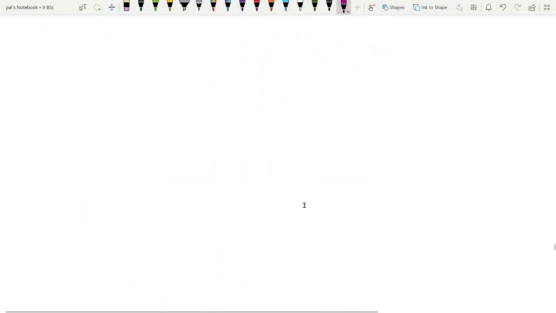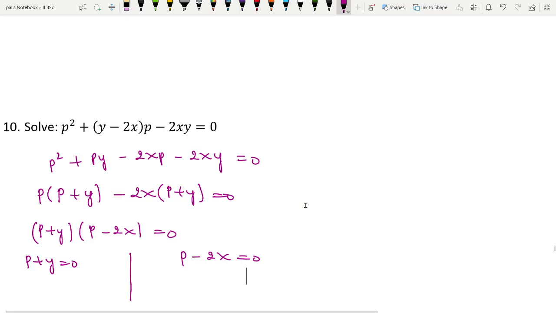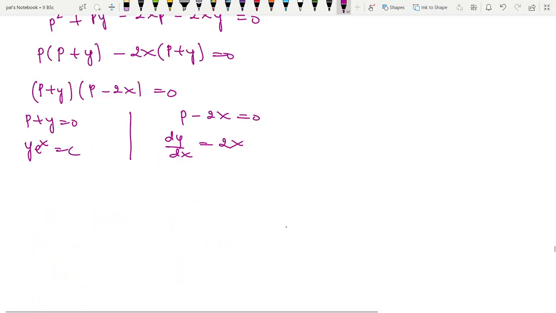I am writing its answer directly. It is y into e to the power of x. So y into e to the power of x is equal to c. Okay, here it is dy by dx is equal to 2x. Yeah, small difference here. So integrating this, dy is equal to integration of 2x dx plus a constant.